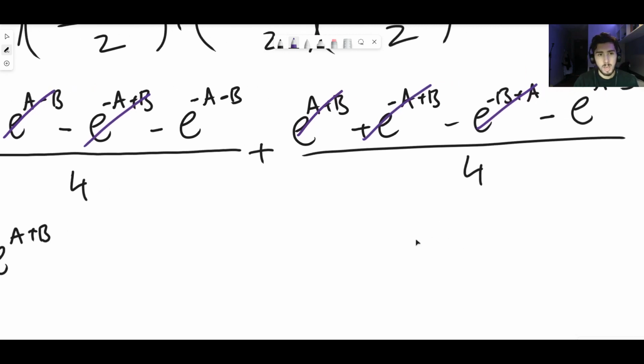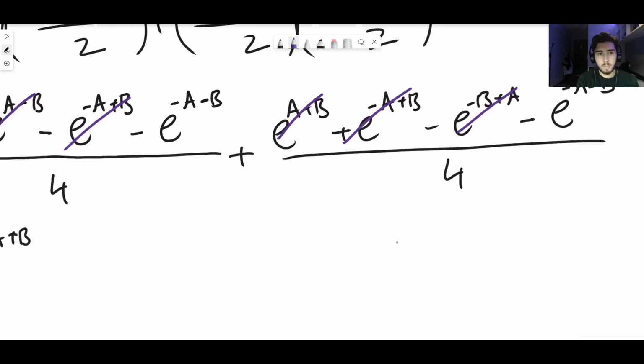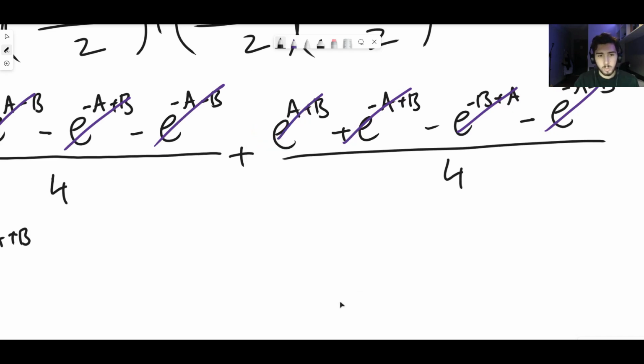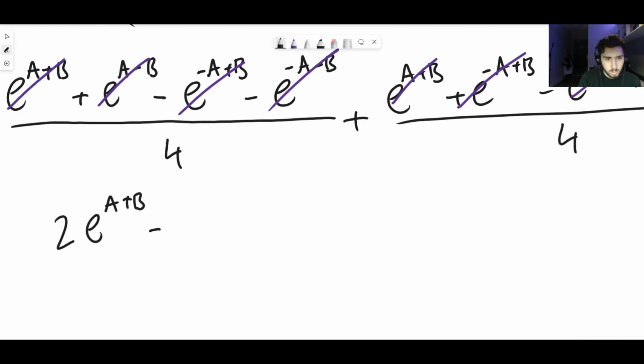And then we also have a minus e to the minus a minus b, minus another e to the minus a minus b. So they don't cancel out, they actually add up, and we end up with minus 2 lots of e to the minus a minus b. And this is all still divided by 4.